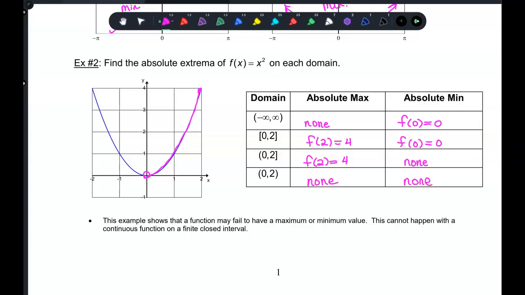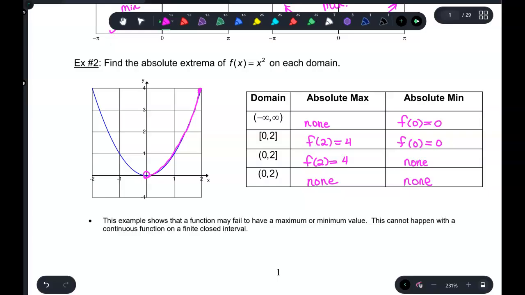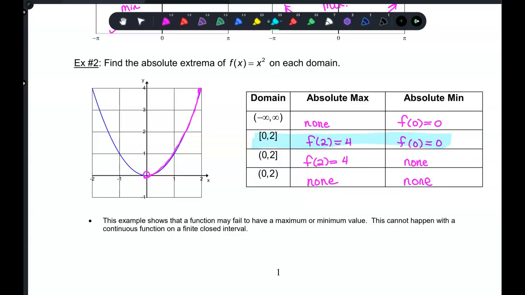Okay, so there's one clear thing I want you to take away from this, and that is which one had both a maximum and a minimum? The one that had the closed interval. Yeah. Would the absolute minimum not just be like as close as you can get to zero? But it has to be an actual point. Got it.